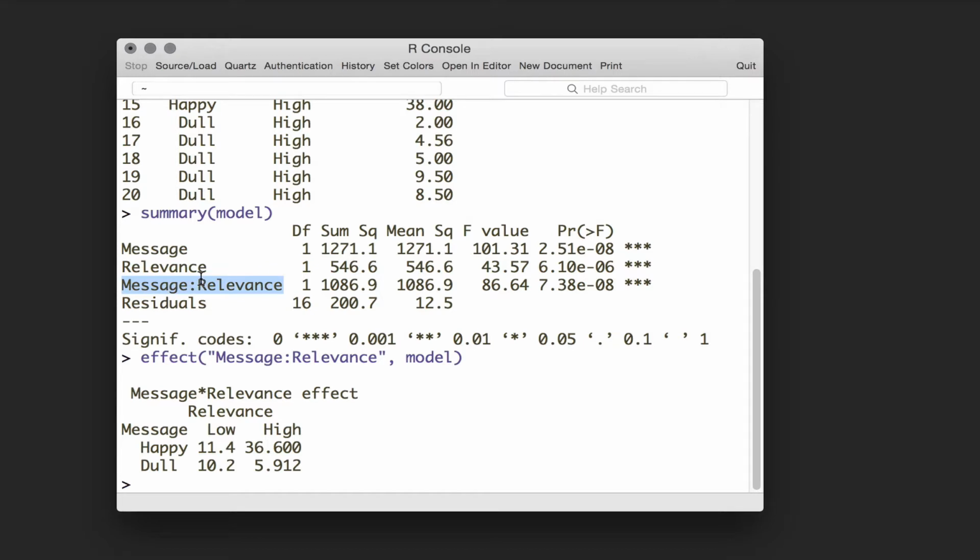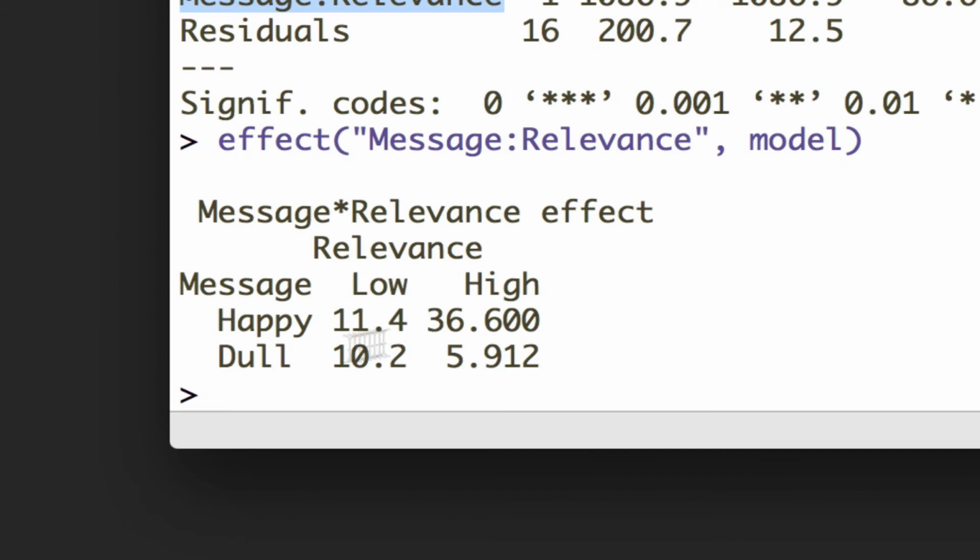One way we followed it up in that video was just to look back at the means, and we saw that indeed the effect of message, or the difference between the two messages, seems to be a lot lower for the low relevance condition than it is for the high relevance condition.